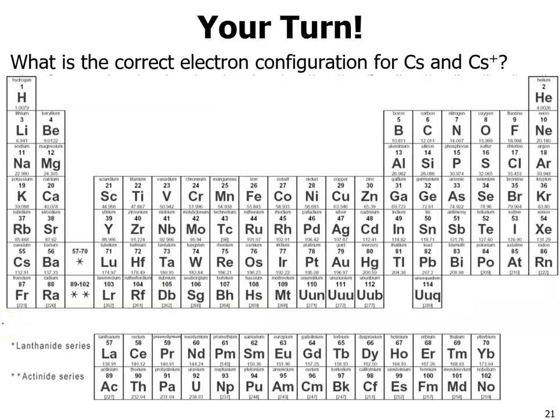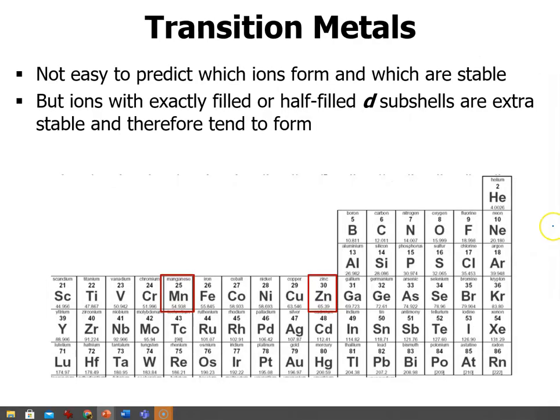But before we get into that, I just want you to look at this question and answer it, bring it to class, or post it in our Blackboard space. In the next section, we're going to start talking about transition metals and how to figure out what the possibilities would be, or why these different elements tend to give us certain types of ions compared to others.